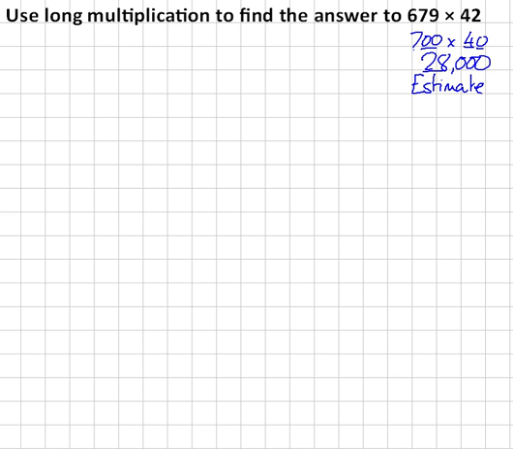First thing I need to do is to set this up in columns using place names for hundreds, tens and units. And then I'll fill the numbers in. So 679 times 42.